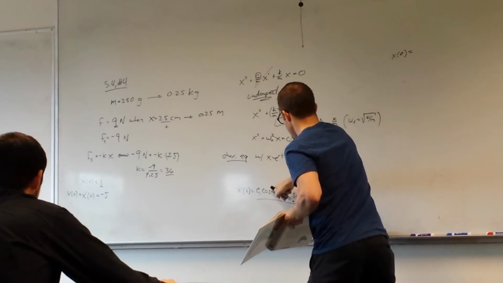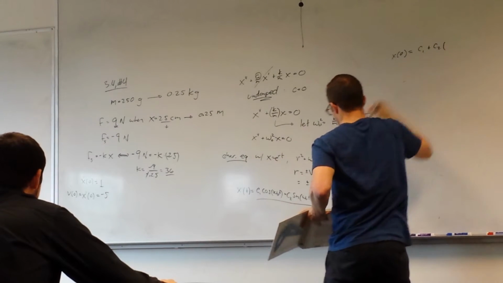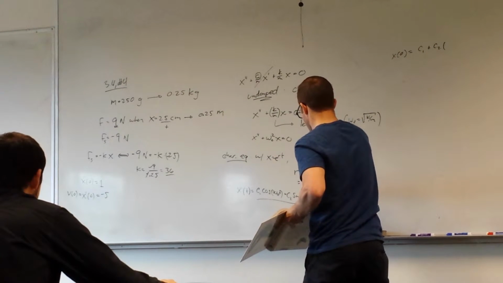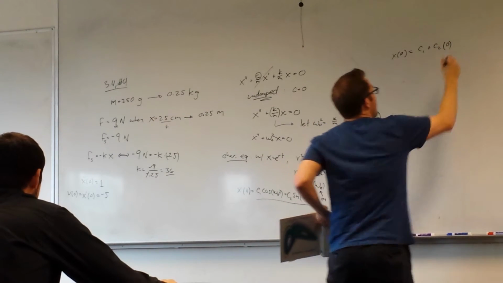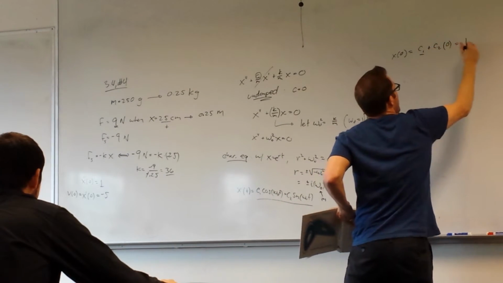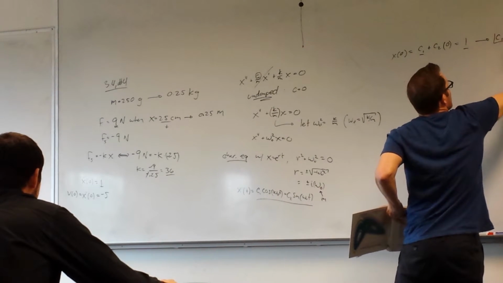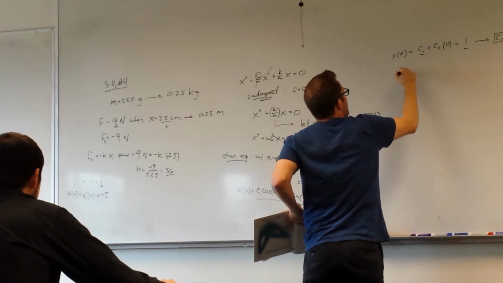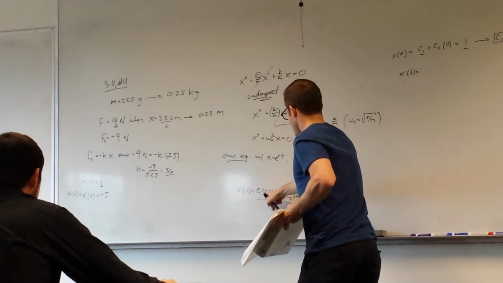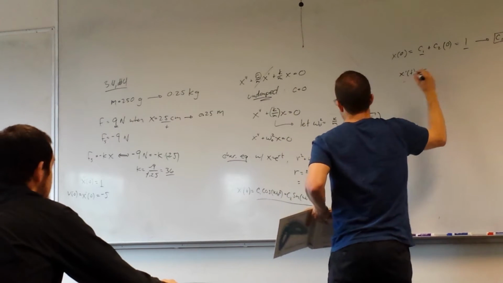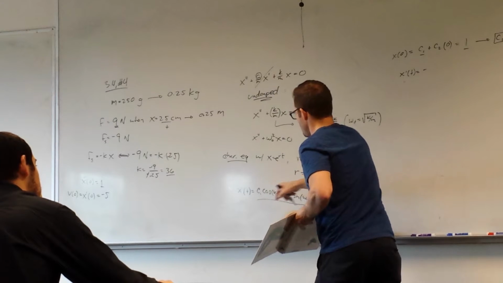Cosine of 0 is just 1, so I get C1 plus C2 times sine of 0, and when I put the 0 there, I just get 0. And that is 1. So that, right off the bat, allows us to solve for C1. And the derivative, let's find this real fast. X prime of t: cosine goes to negative sine, and omega naught pops out because of the chain rule.